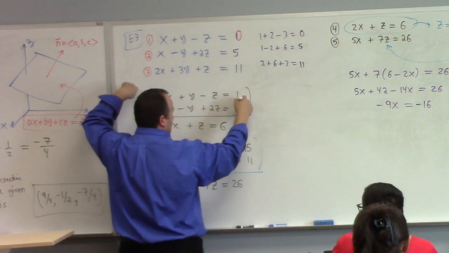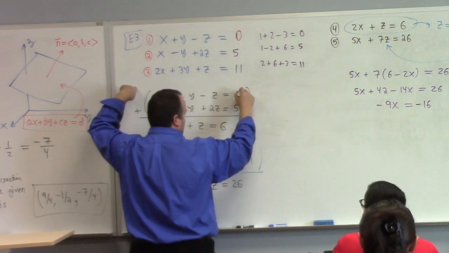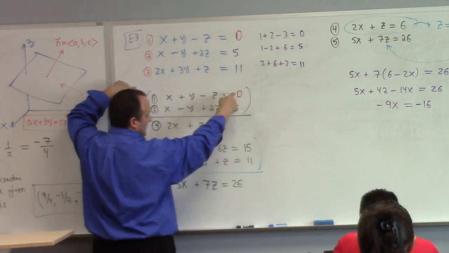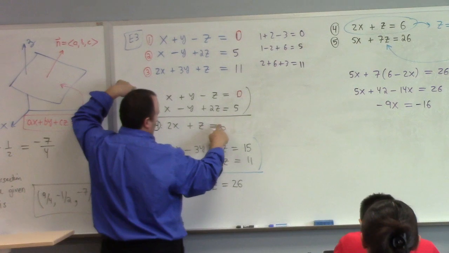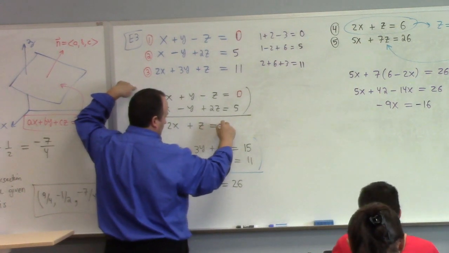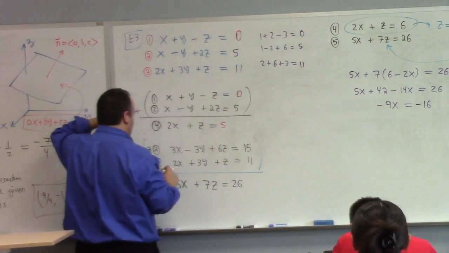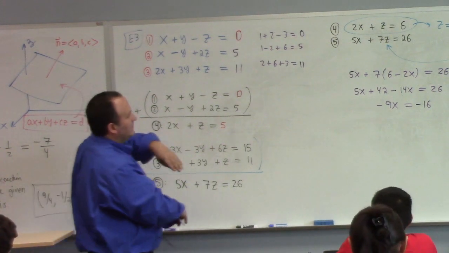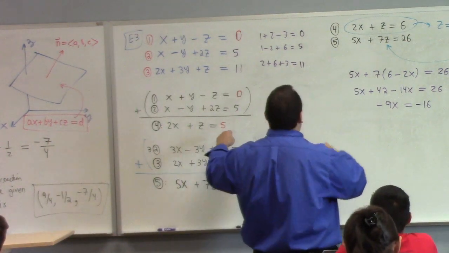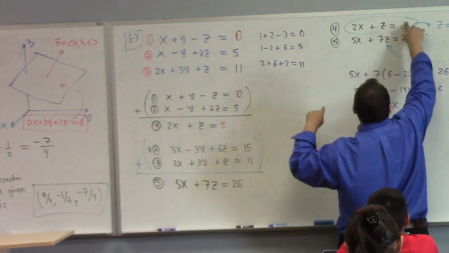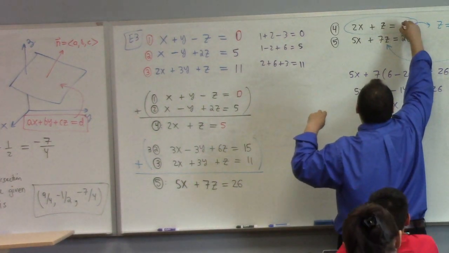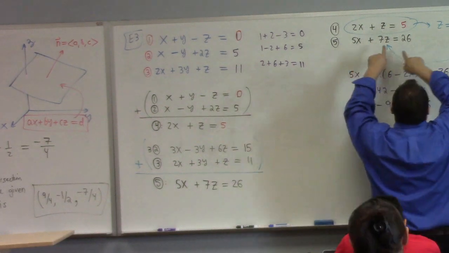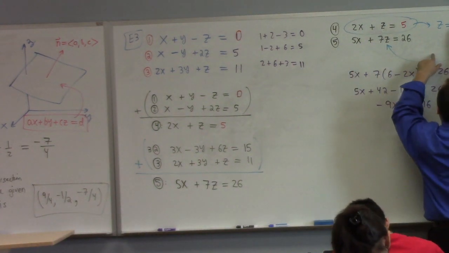That makes this one a 0, which makes this 6 here a 5. So 5.